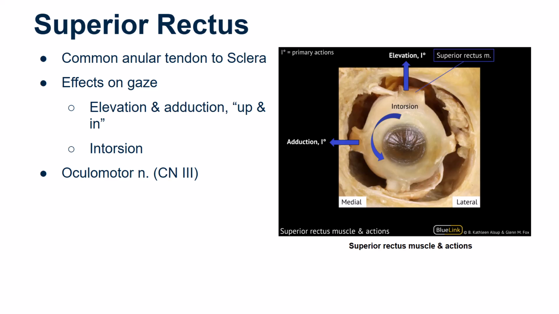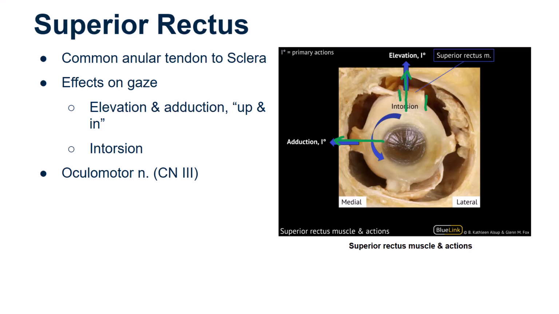Next up, we have superior rectus. The superior rectus muscle takes its origin on the common annular tendon, and it inserts on the sclera, which we can see there. Its effects on gaze are also rather complex. Its primary action is that of elevation as well as adduction, owing to the shape of the orbit.